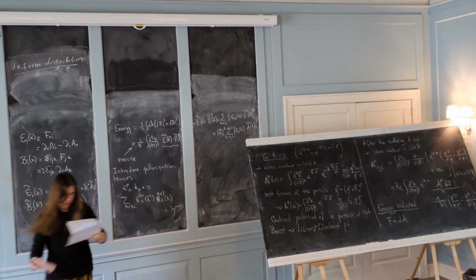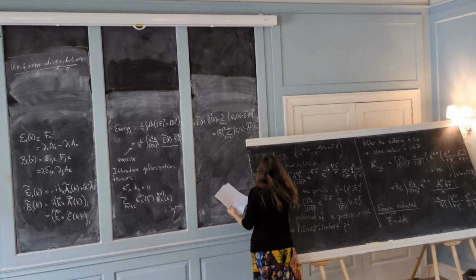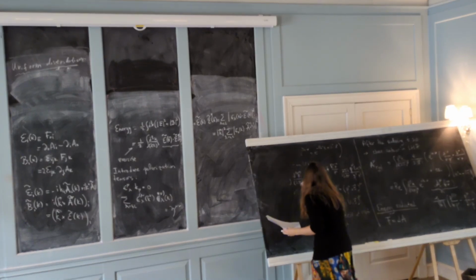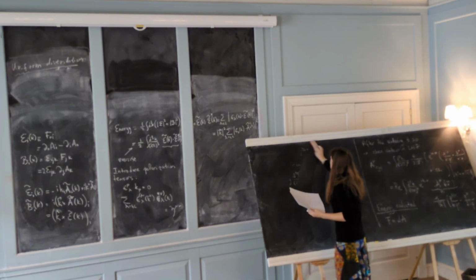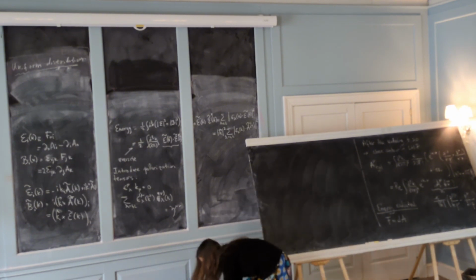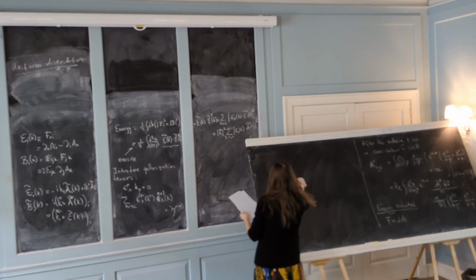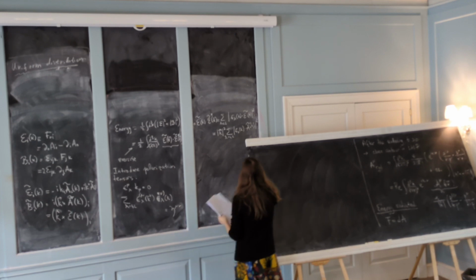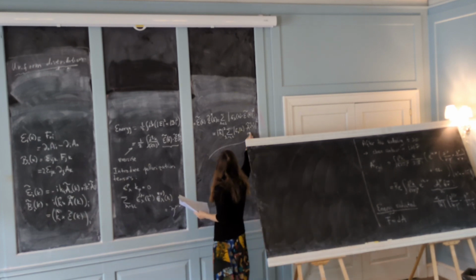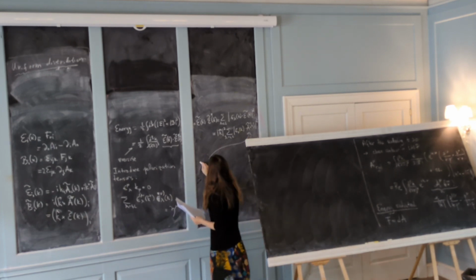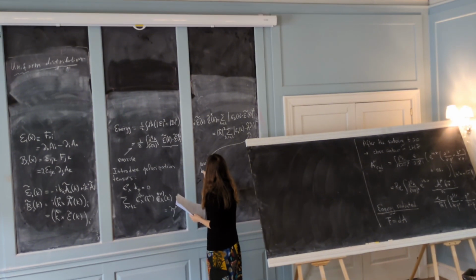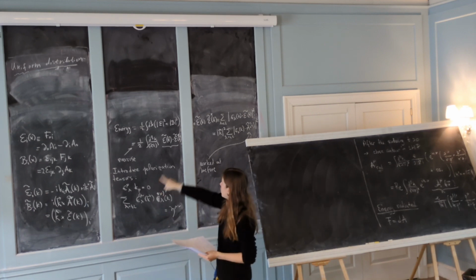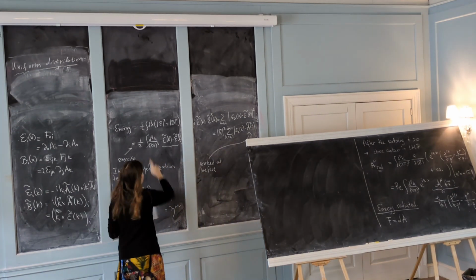And I'm going to stop after this. It's not too much over time for the first bit. I can plug it in and then plug it back into the formula for the energy.